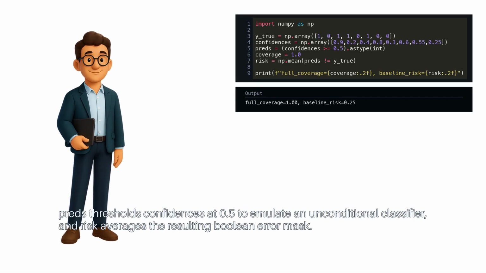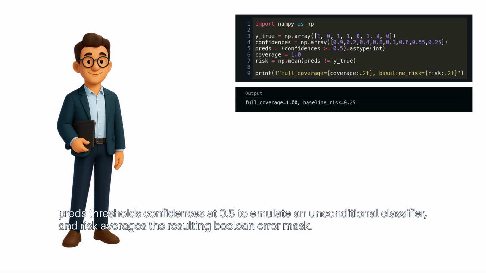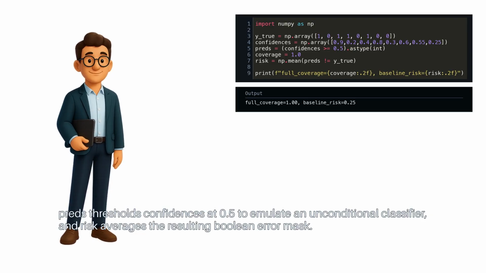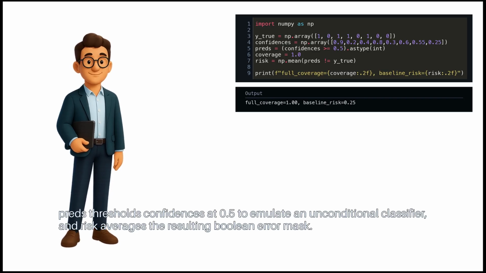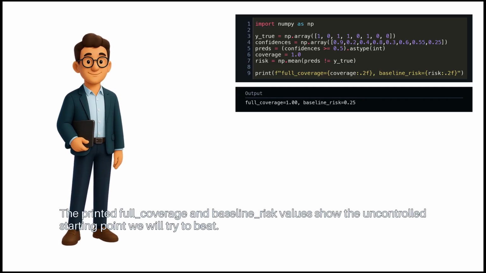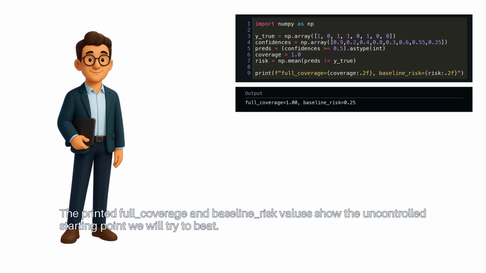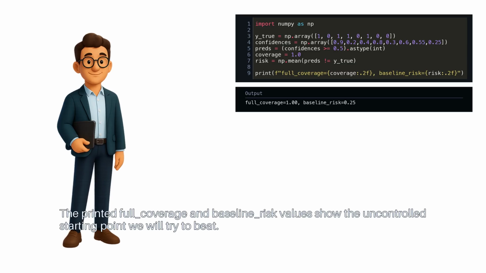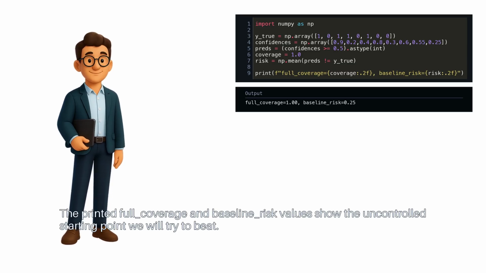Preds thresholds confidences at 0.5 to emulate an unconditional classifier, and risk averages the resulting Boolean error mask. Keeping coverage fixed at 1.0 shows how little flexibility exists before abstention enters the picture. The printed full coverage and baseline risk values show the uncontrolled starting point we will try to beat.